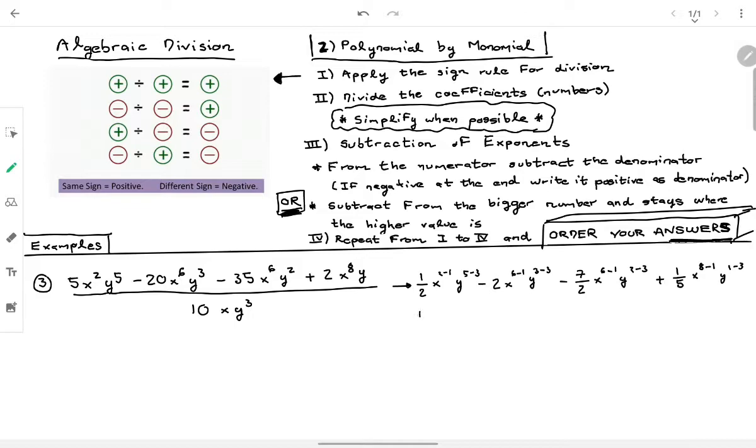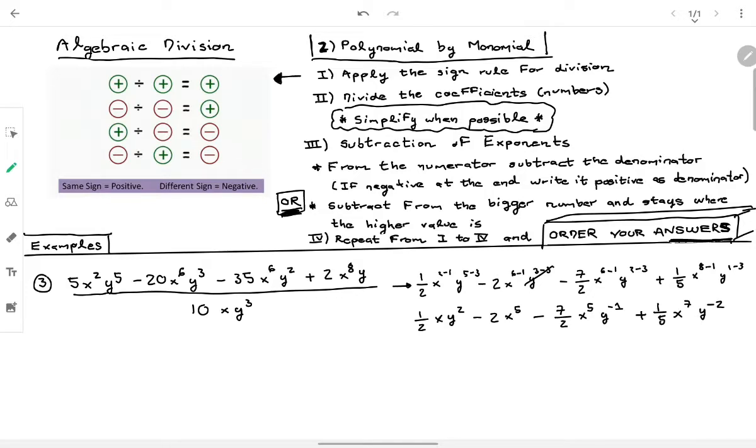It's going to be 1/2 of x, y squared minus 2 x to the 5th, y to the 0, so it disappears, minus 7 halves of x to the 5th, y to the minus 1, plus 1/5 of x to the 7, y to the minus 2.